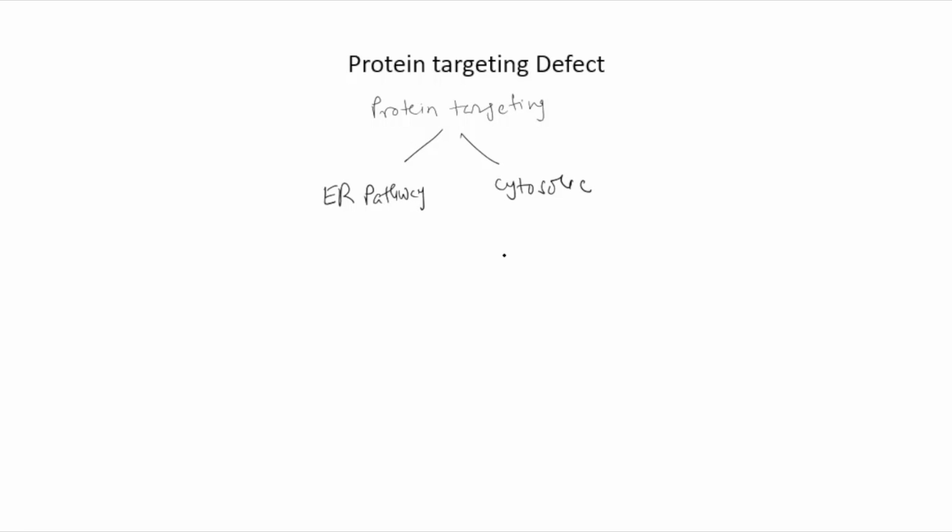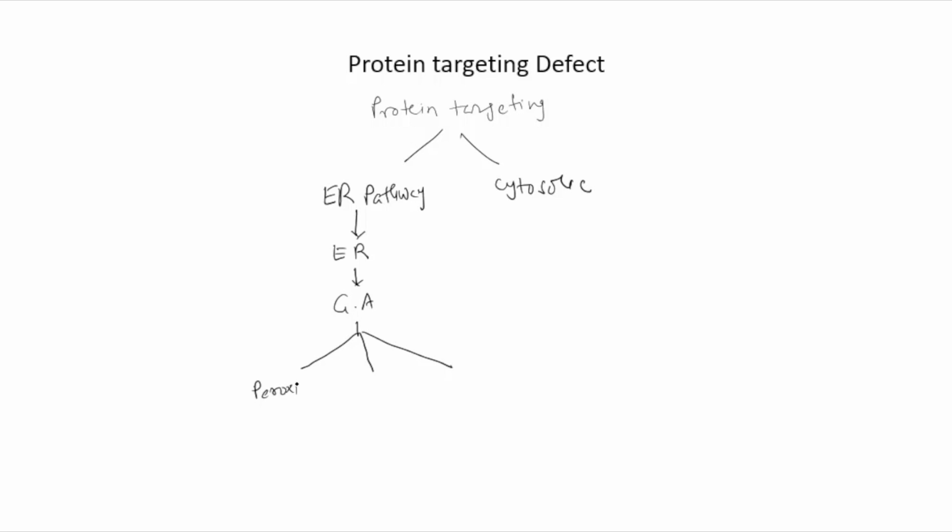The term ER itself denotes that the proteins of the ER pathway have to go through the endoplasmic reticulum. So the proteins of the ER pathway first come to the endoplasmic reticulum. From there it has to go to the Golgi apparatus, and from there it will reach its final site of localization.